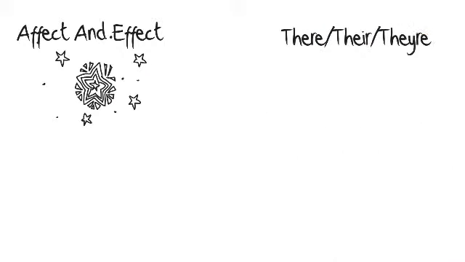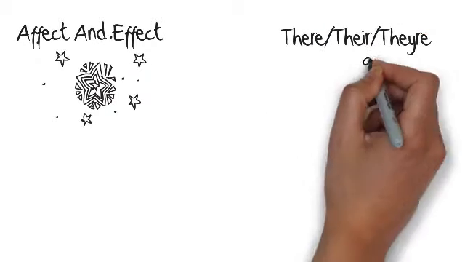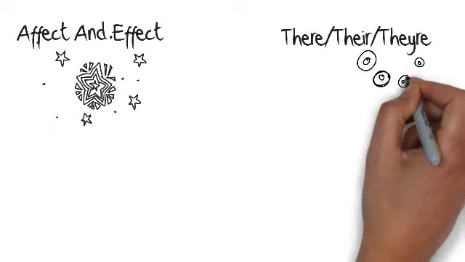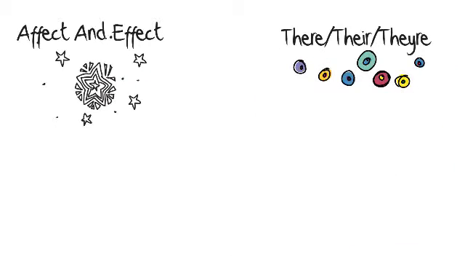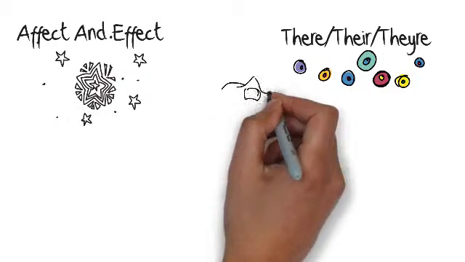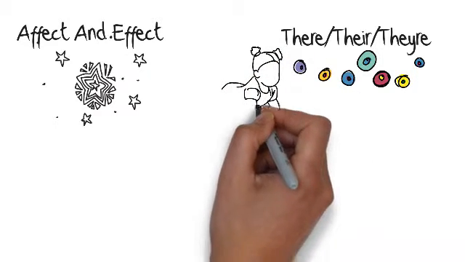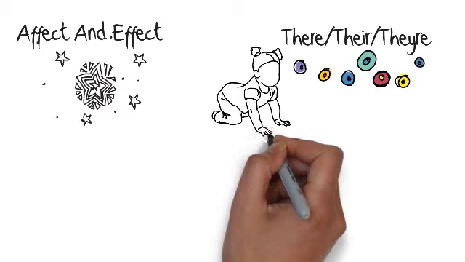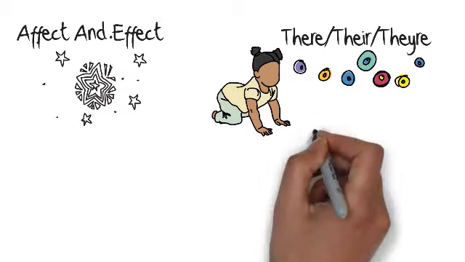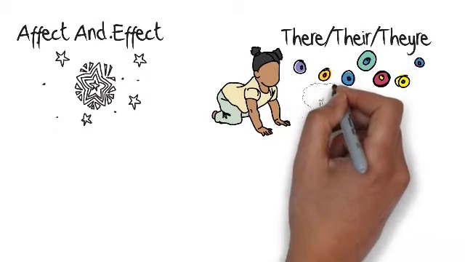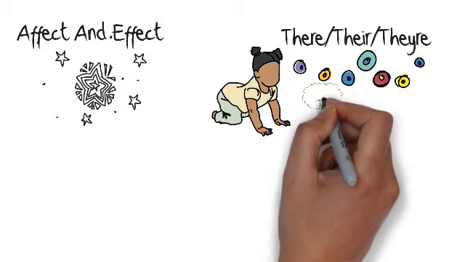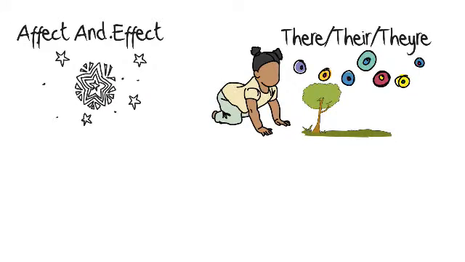There, their, they're. There is used to talk about a place, like the fun fair is over there. Their is used to show that someone owns something, like their baby was small. They're is used as a short form of they are, like they're going to the park.